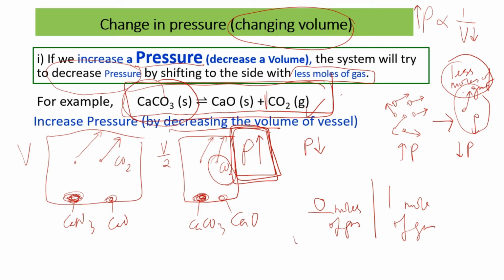Of course, it's 0. Okay, so the system will try to shift to the side with less moles of gas, which will bring down the pressure. Pressure will drop. If you keep on shifting, there is a net reaction to the left hand side. So this is what we meant by shifting to the side with less moles of gas.